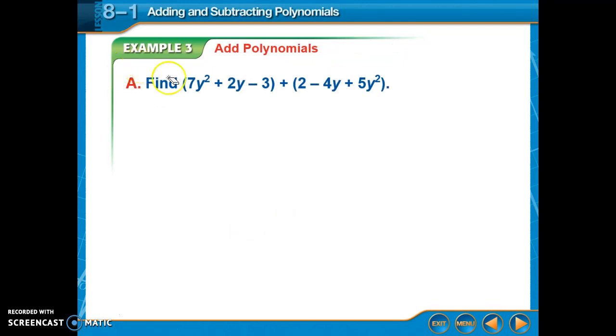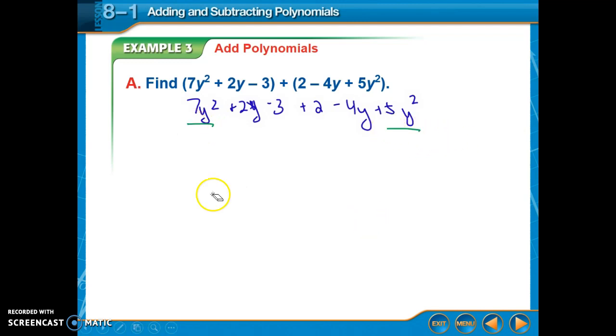Okay, if I want to add polynomials, I want to combine like terms. So in this case, I'm just going to start by rewriting this without the parentheses because they're not actually needed. Then I combine like terms. Here I have 7y squared and 5y squared, which makes 12y squared.